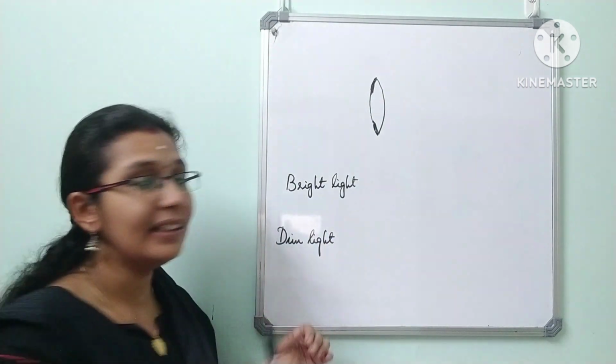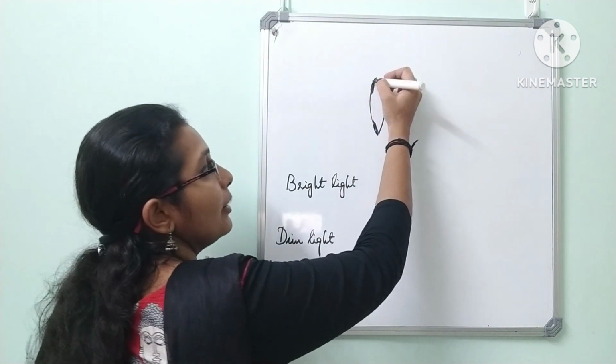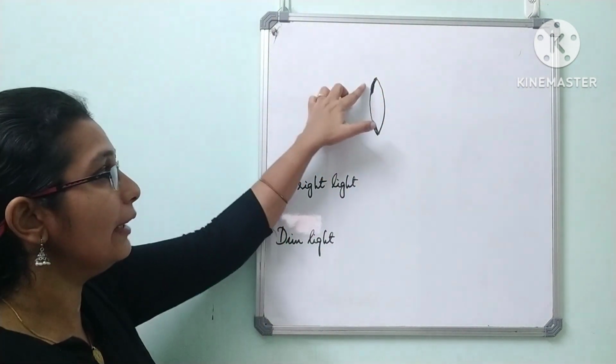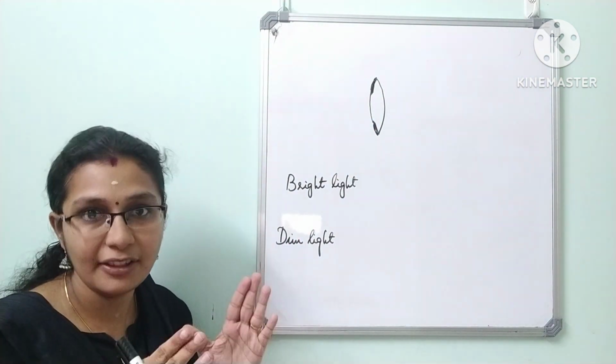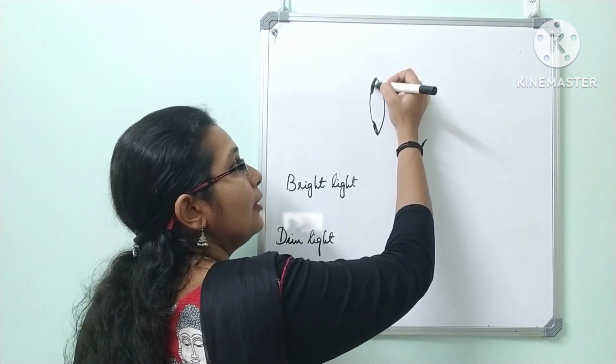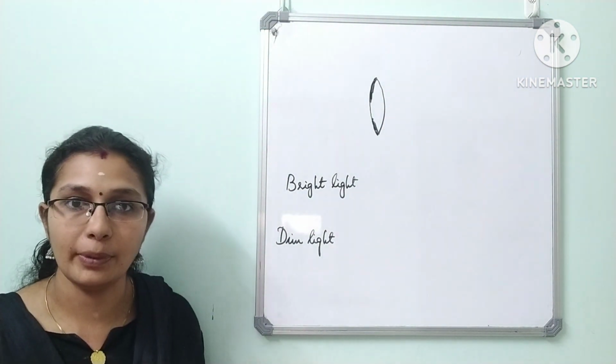So during bright light, this iris, which is a dark muscular diaphragm, adjusts the size of the pupil, as I told you already. What it does is contract, or reduce the size of the pupil.